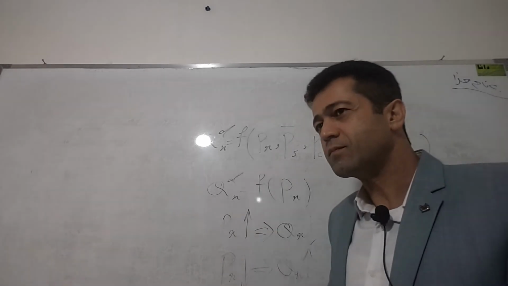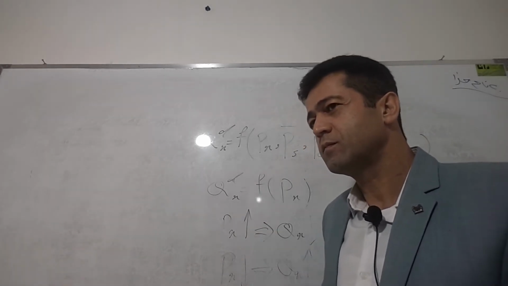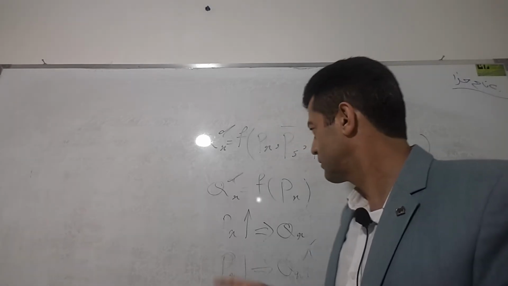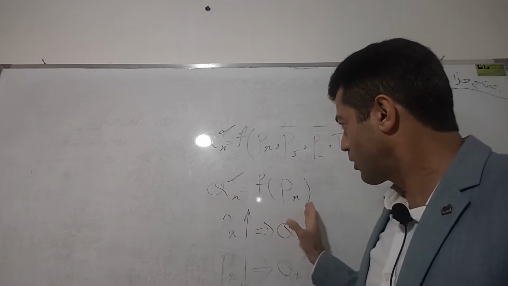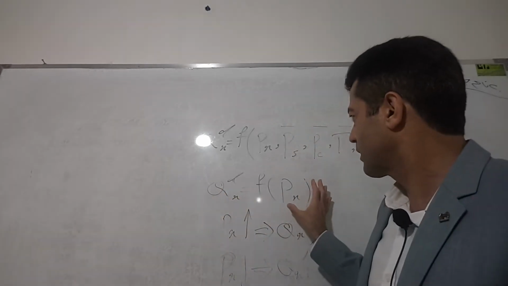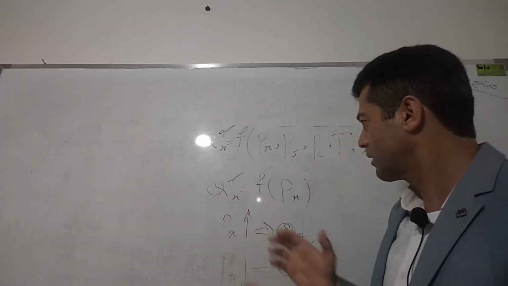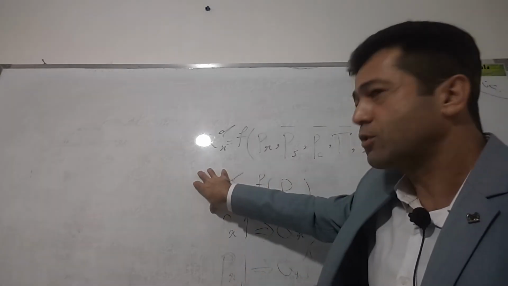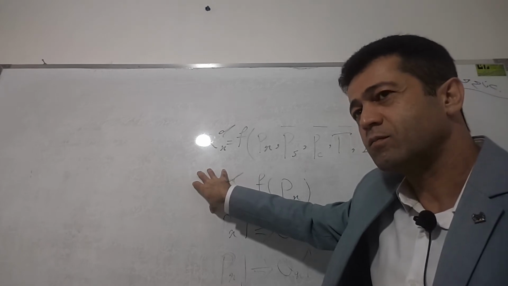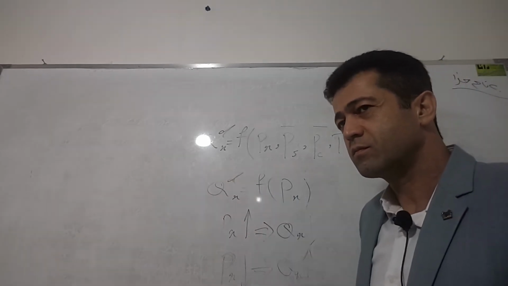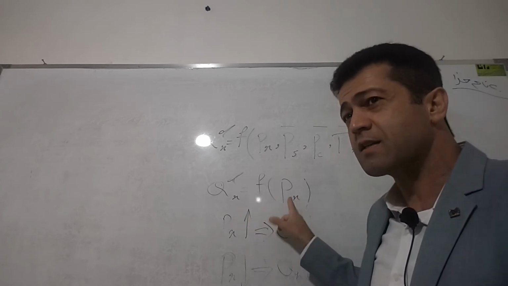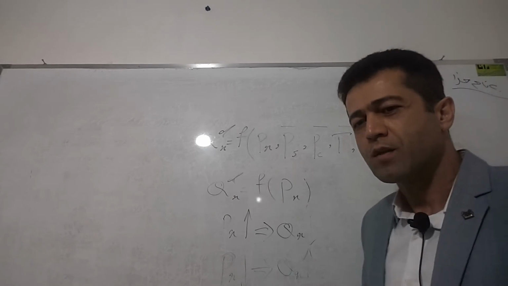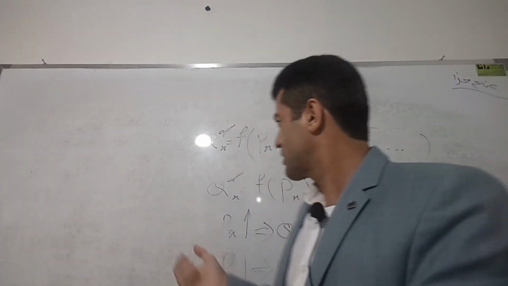Our goal or target is to discuss or find the relationship between the price of the good and the quantity of demand, with the assumption that all of the other factors are constant.